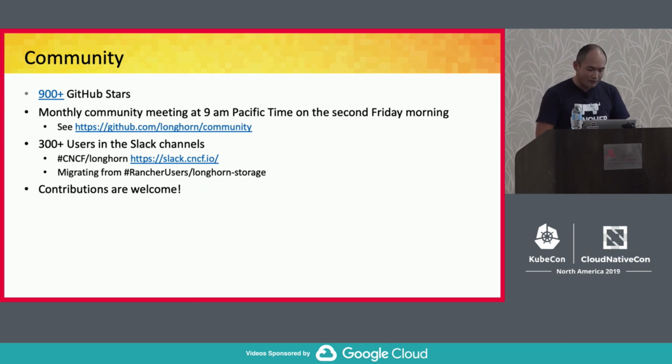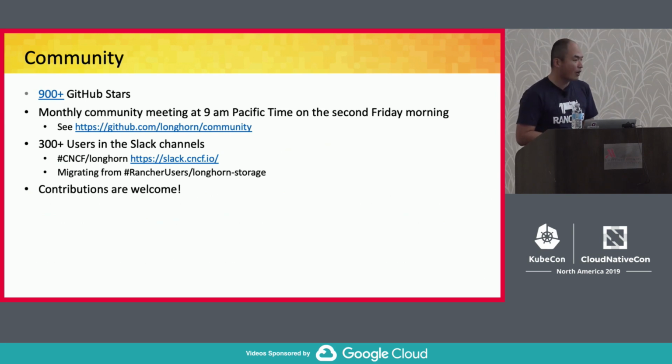And we have over 300 users across two Slack channels. One is in the CNCF channel, which we created after we donated Longhorn to the CNCF. Another one is the old one we had in the Rancher users and Longhorn storage, and we are migrating from that.